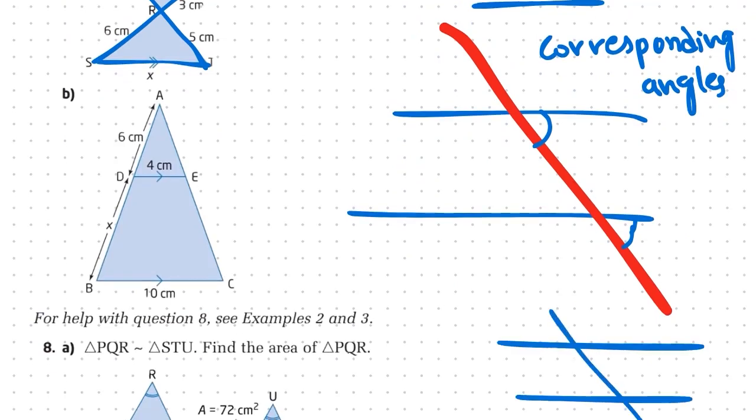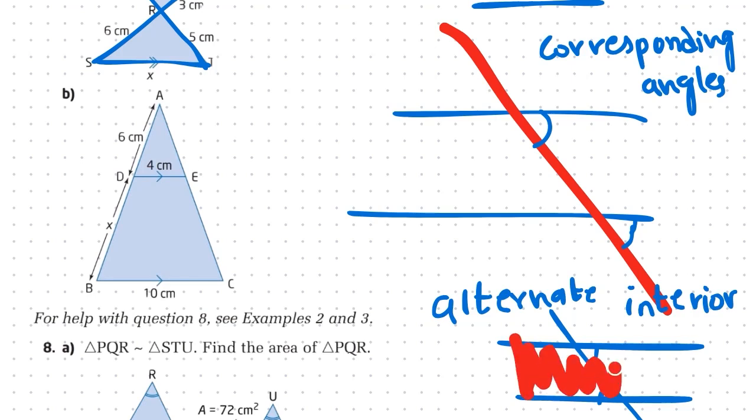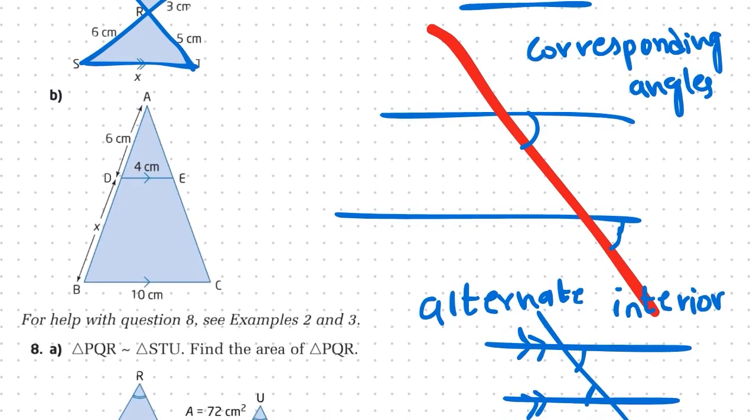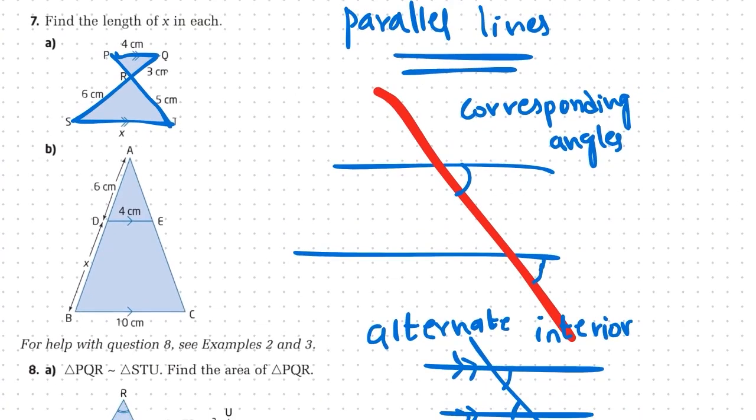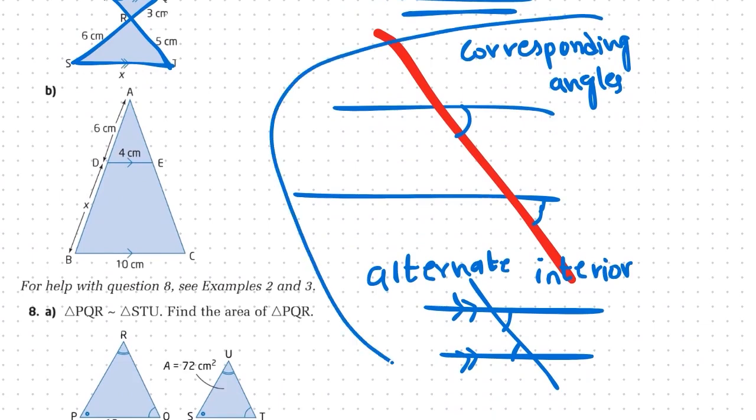There's another line, and this angle will be equal to this angle. These are called alternate interior angles. These are inside and they are alternate to each other. Alternate interior angles are equal if lines are parallel, of course. So corresponding angles and alternate interior angles for parallel lines.